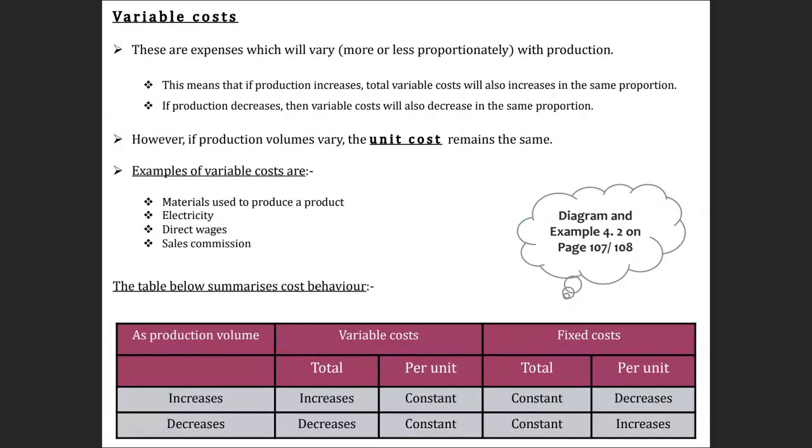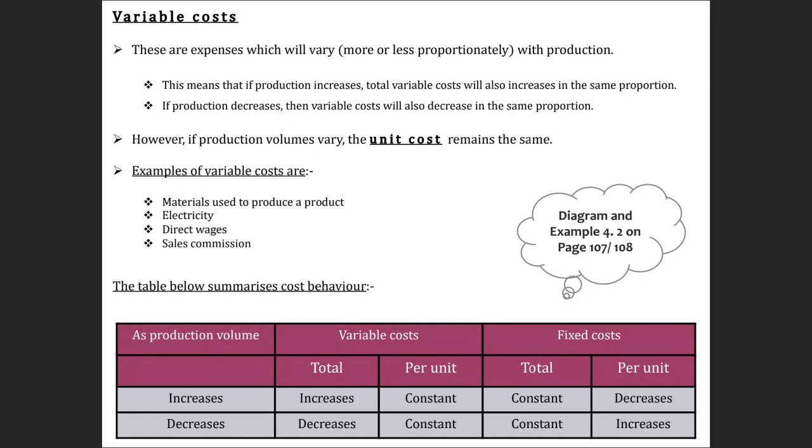Then we have your variable cost on the next page, and with your variable costs, it's literally the opposite. Here, it will change depending on the number of units being produced. And a typical example of your variable cost, and we did see this when we went through your material and labor and so on, is direct material. Direct labor, they will change depending on the number of units being produced.